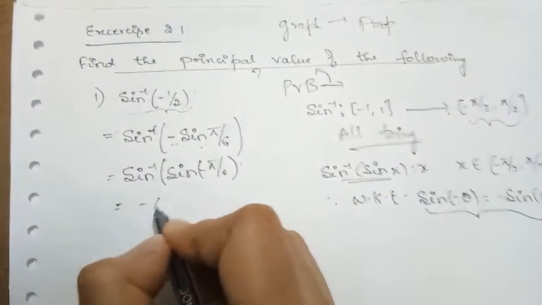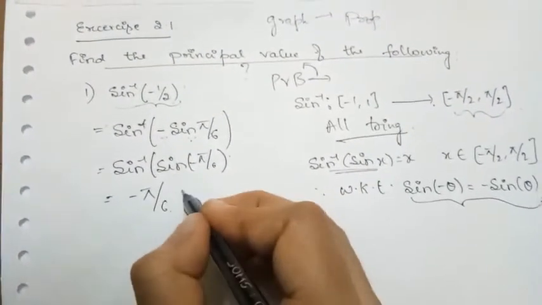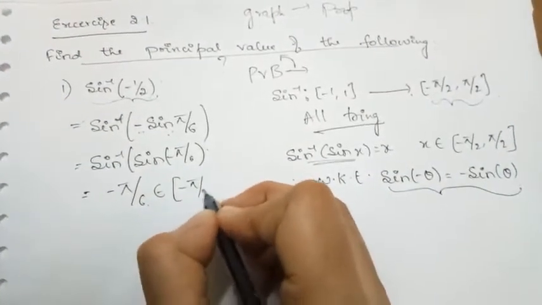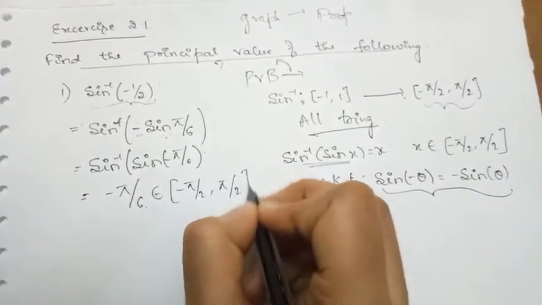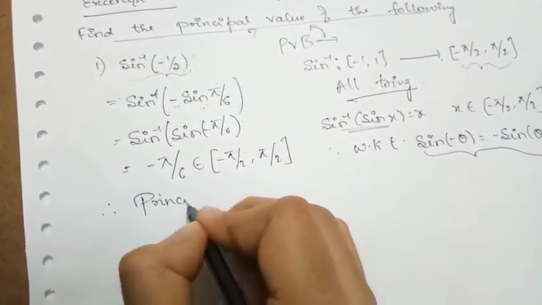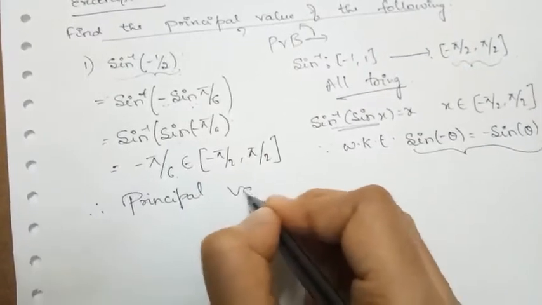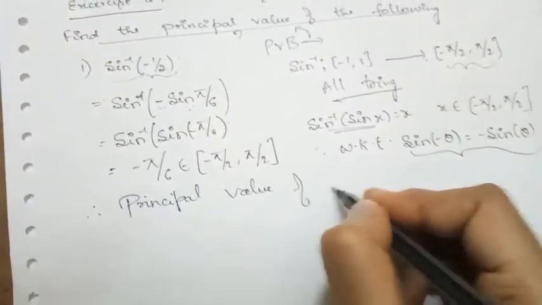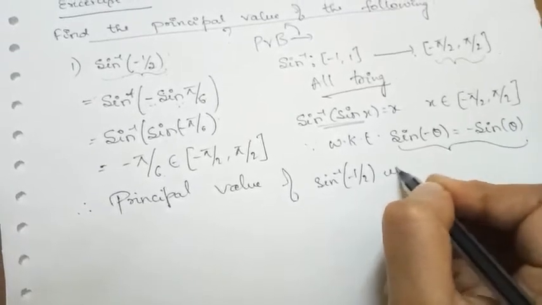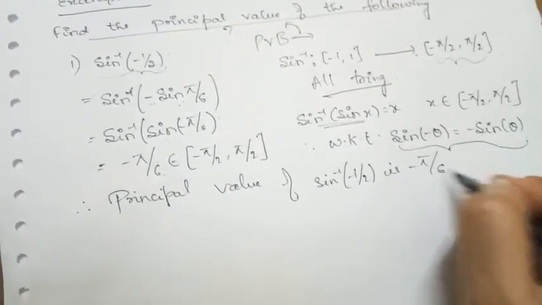So it is equal to minus pi by 6, which belongs to our principal value branch. Therefore the principal value of sine inverse of minus 1 by 2 is minus pi by 6.